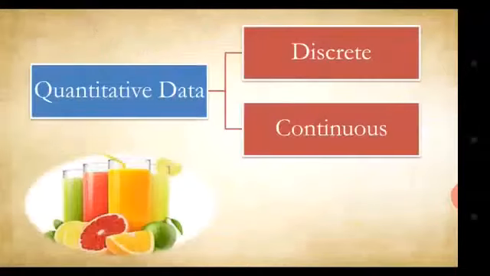This quantitative data has other classifications like discrete and continuous. Discrete means it takes only exact values. Continuous means it takes a range of values. It is quite common. If I ask you how many glasses are there, you'll tell me 1, 2, 3, 4, because you have glasses with juices of different colors here.